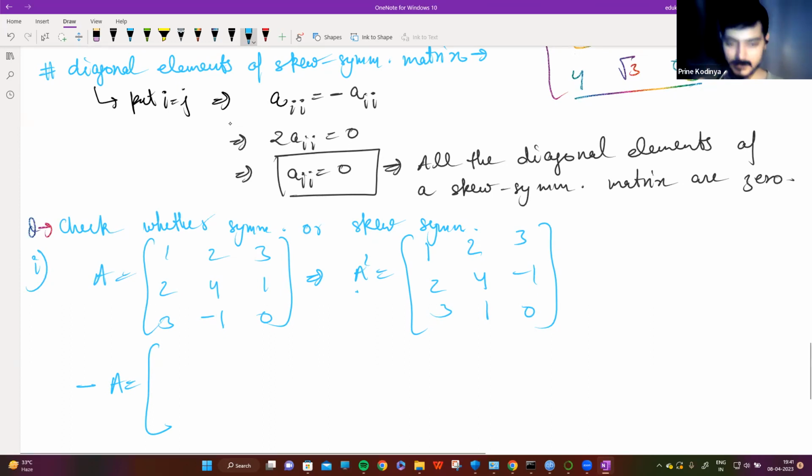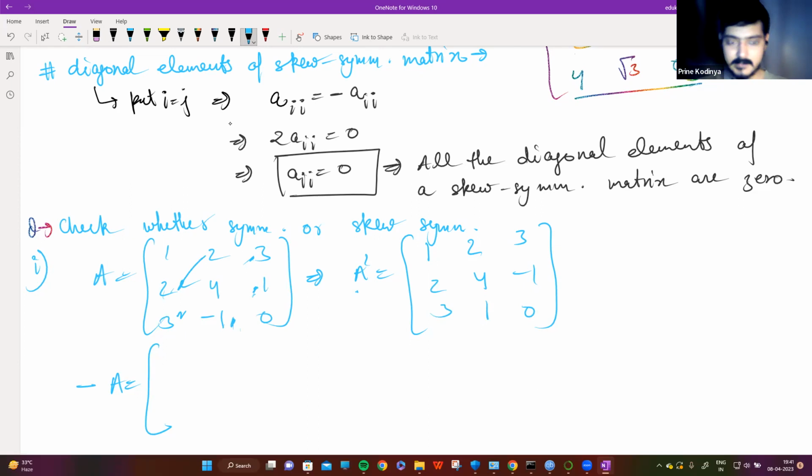If we have the values of the matrix, it is much easier to find out. You just have to check whether these two are equal or not. See, here they are equal, but here they are not, and this is not symmetric, right?